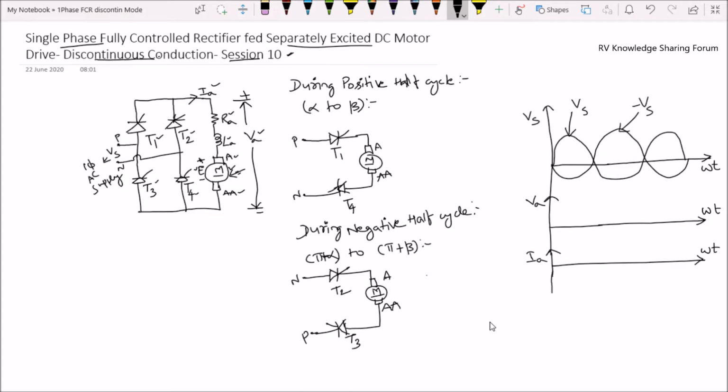And now let us have a firing angle alpha at which the thyristors start conducting.